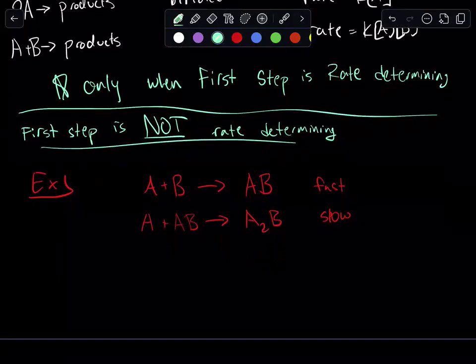So we know from this that our rate is going to be equal to k[A][AB], which seems simple enough.